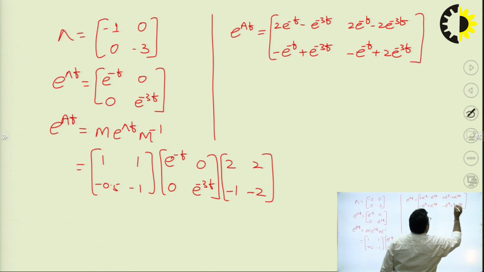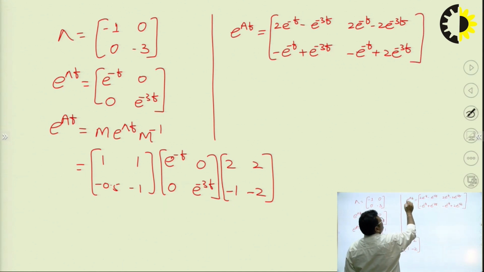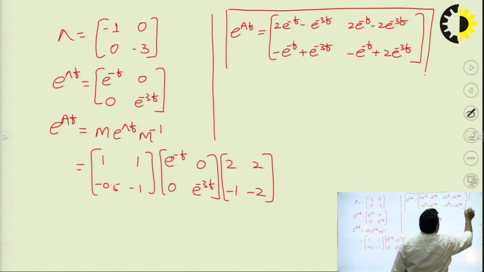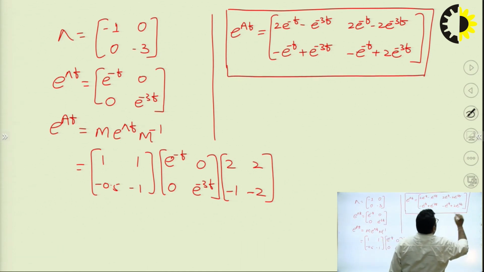So this will be the final value of the STM, or state transition matrix. This is the way we can use the diagonalization method to find the STM.